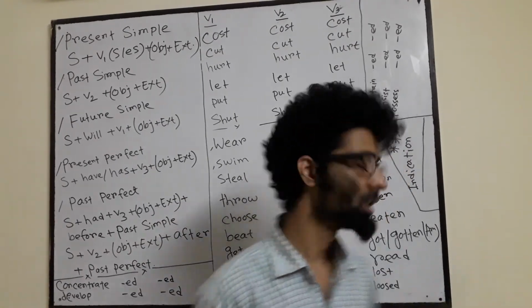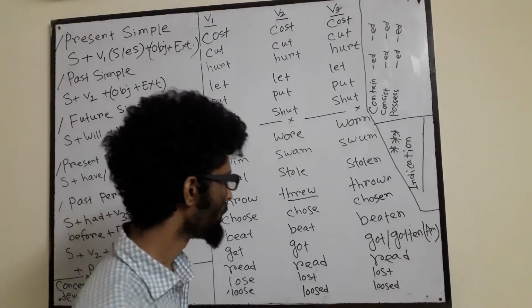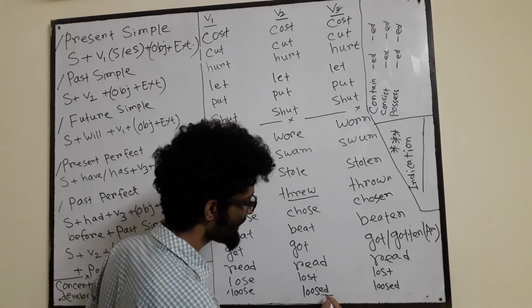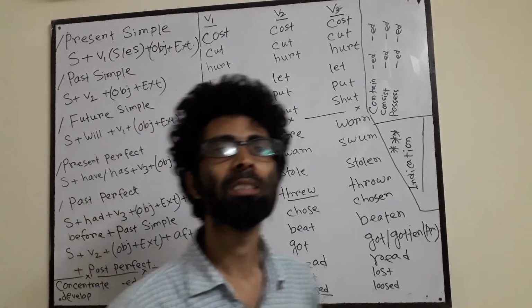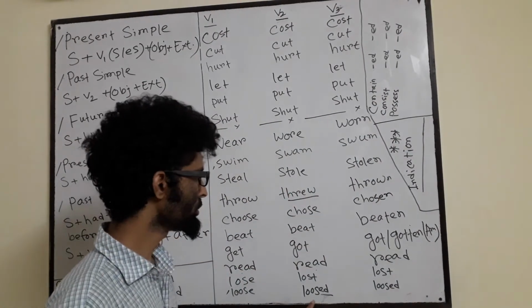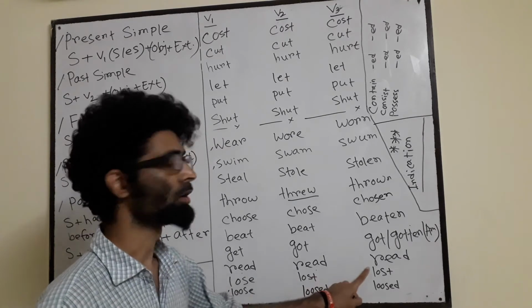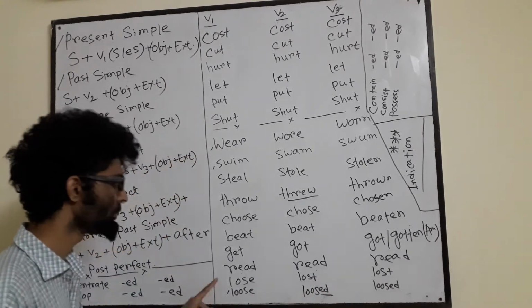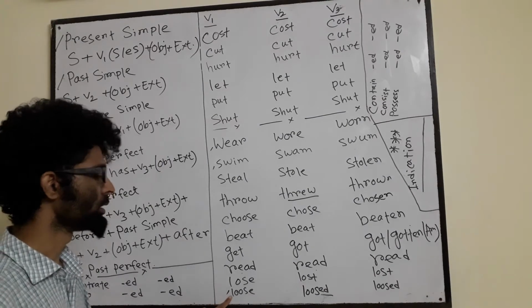It is so tight. So loosed. Although ed is added to loose, the sound will be loosed. It is loose, lost. Be careful about the sound and be careful about the spelling. So again, lose, it is loose.